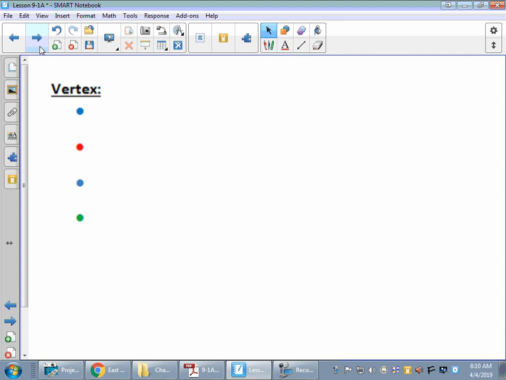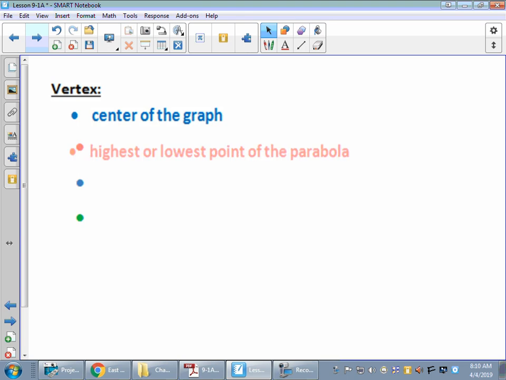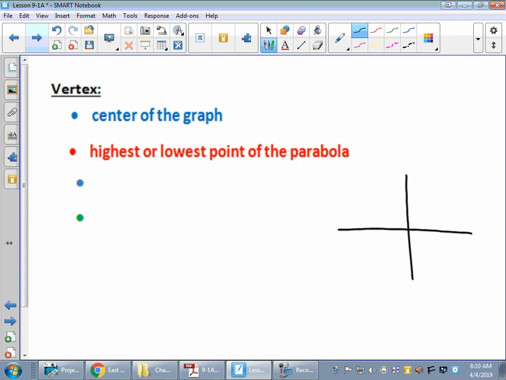When we talk about the vertex, that's another term we're going to talk about a lot. This is the center of the graph. It's the highest or lowest point of the parabola. So again, just a quick sketch here, and if I made my parabola like this, we've got arrows going in each direction, so it extends on and on forever.